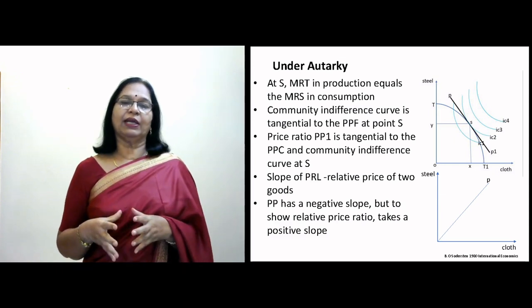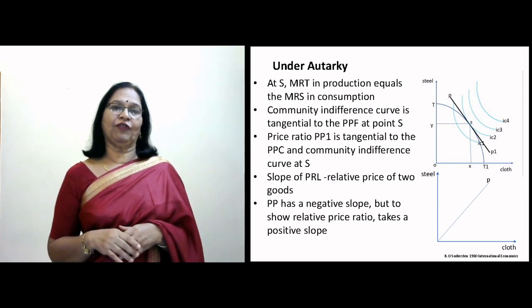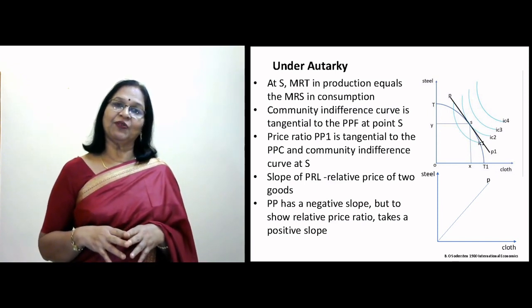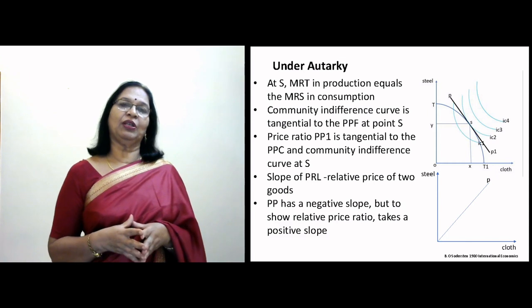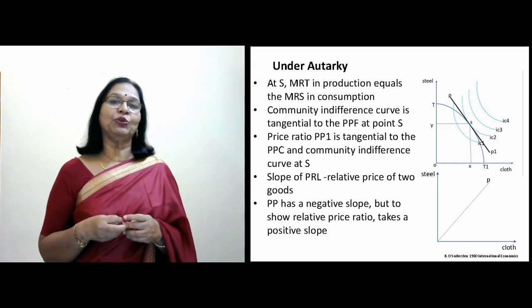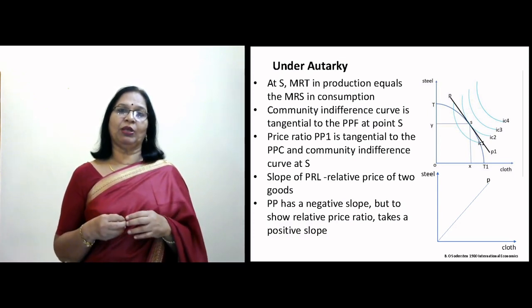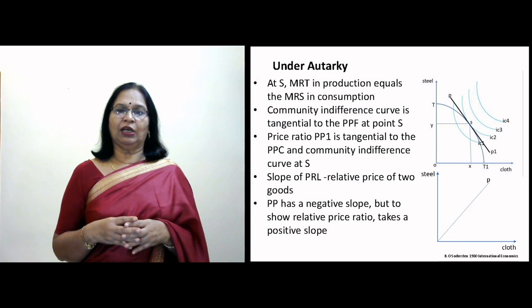Now, on this diagram, we shall introduce the community indifference curve. Community indifference curves are like the individual indifference curve, except that we are not talking about an individual's combination of two goods. We are talking about society's combination of two goods that it will consume.